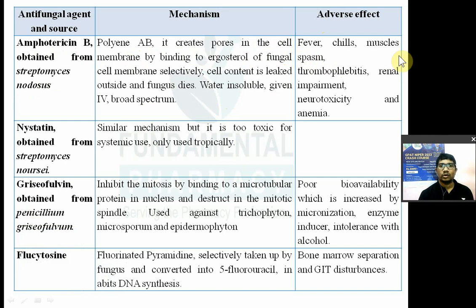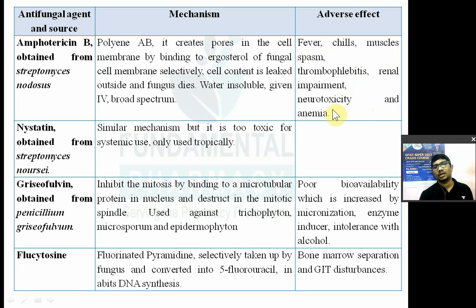Due to intravenous injection, adverse effects like fever, chills, muscle spasm, thrombophlebitis are the adverse effects related to injection due to release of histamine. Now dose dependent adverse effects like renal impairment, means nephrotoxicity, neurotoxicity, and anemia due to decreased synthesis of erythropoietin.